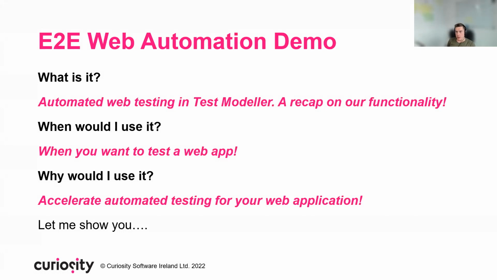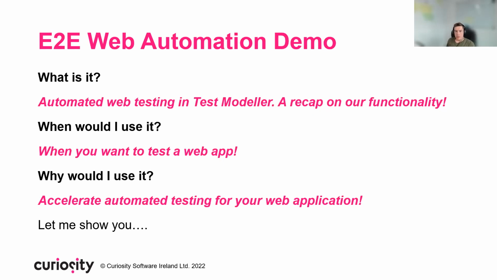But over the past 4 or 5 years, we've been spending a lot of time really refining this process, moving a lot of the configuration and integration directly into Test Modeler. And recently, we've been really working on the ease of use, trying to minimize the number of steps that you have to go through to actually build and execute any test automation in Test Modeler.